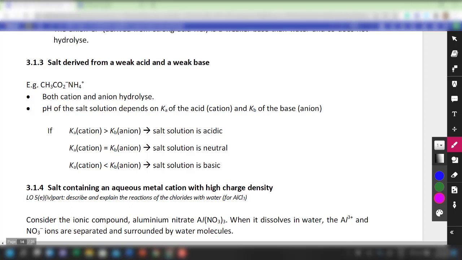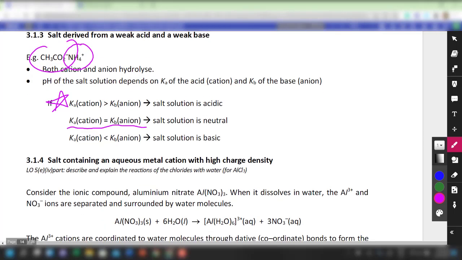In this case, we have all three cases here. If the Ka of the cation, in this case ammonium, is bigger than the Kb of the anion, then the overall solution will be acidic, because the cation is able to ionize to a slightly greater extent. If it's the same, then it's neutral, and the other way around, if the anion is a stronger base, then the solution will be basic.